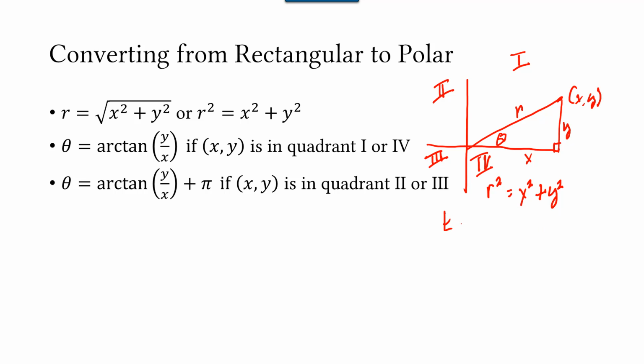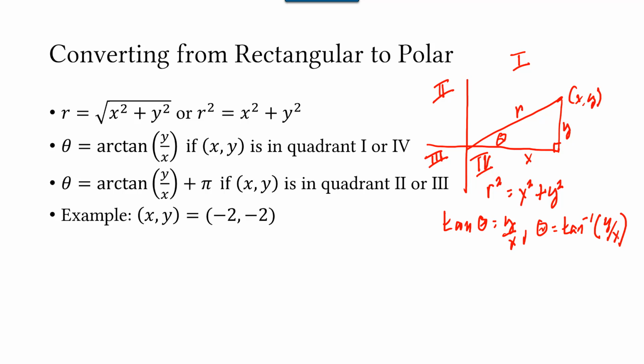Now, according to our picture, the tangent of theta would be the opposite side over the adjacent side, and that's why we would think of theta as the inverse or arctangent of y over x. But again, just using arctangent gives us a value that would land in the first or fourth quadrants. So if we know the point is in the second or third quadrant, we have to add pi to it.